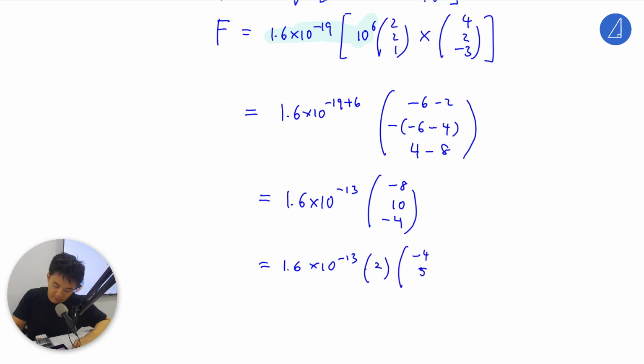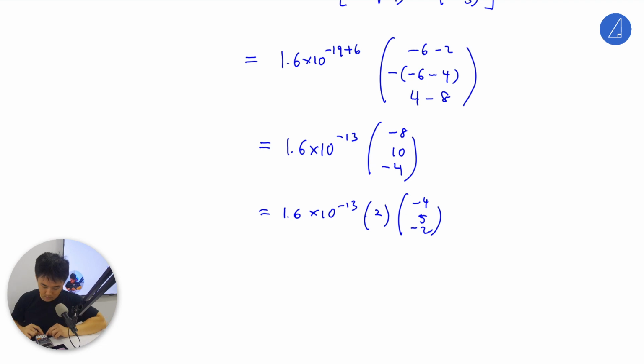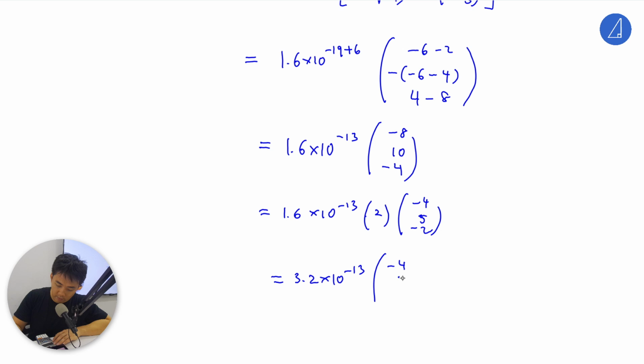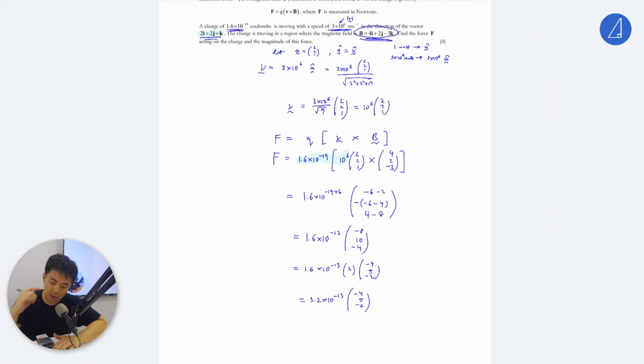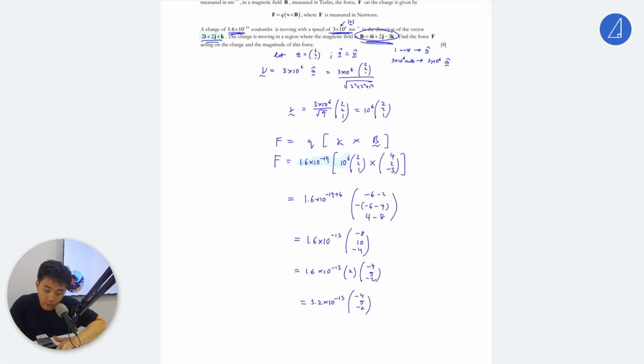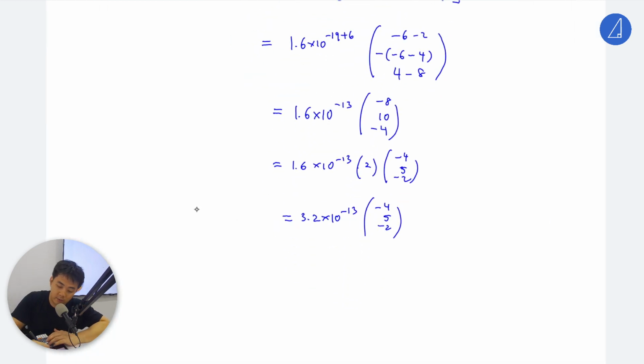So we get negative 4, 5, negative 2. So F is 3.2 times 10 to the minus 13 times (negative 4, 5, negative 2). Okay, great. So that's our force. The force F acting on the charge is this.